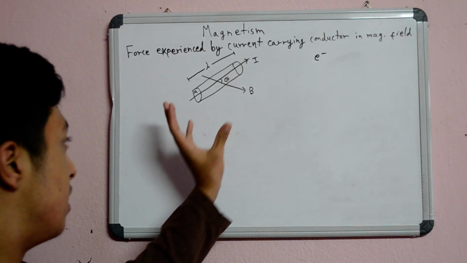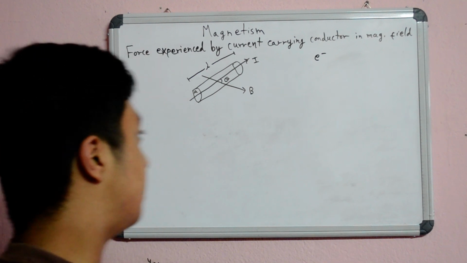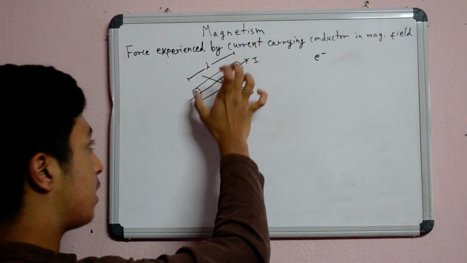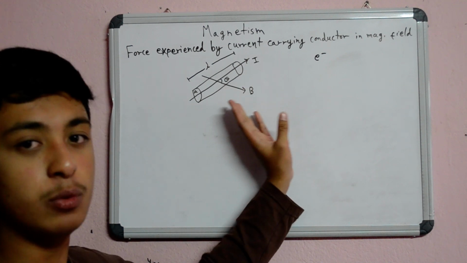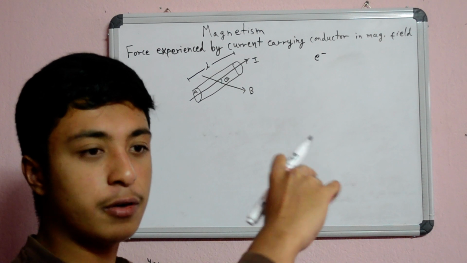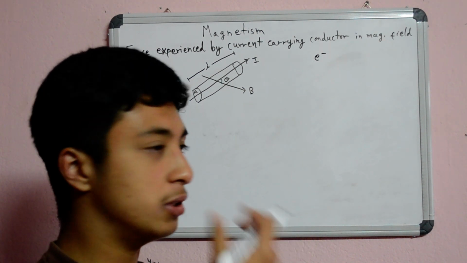And since in the conductor the total number of free electrons remains the same, the force experienced by this current carrying conductor in a magnetic field will be equal to the total of the Lorentz forces experienced by each of those electrons.